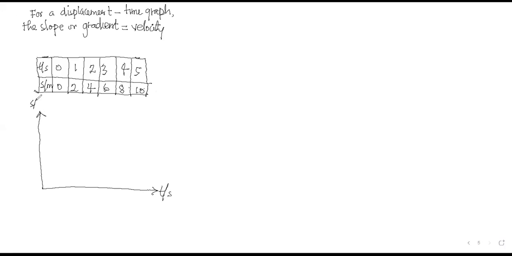The vertical axis is displacement, the dependent variable. So 1, 2, 3, 4, 5 for time. Then 2 up to 10. Let's even do it up to 8 in order not to be different from the first one. So 2, 4, 6, 8.